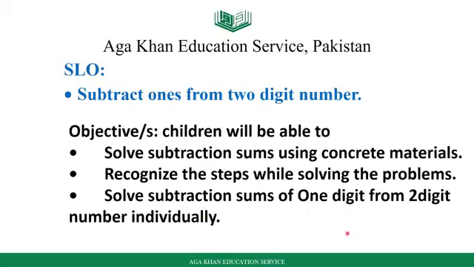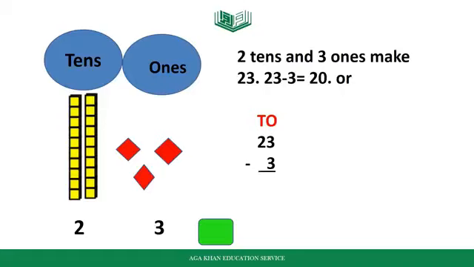Now remember what ones are, what a one digit number is, what two digit numbers are, and what tens are. You have to remember all these things which we did while doing addition sums in our face-to-face classes. Come on, let's move. Here we have a slide where there are different numbers. So there are tens and ones, and we have already done this.